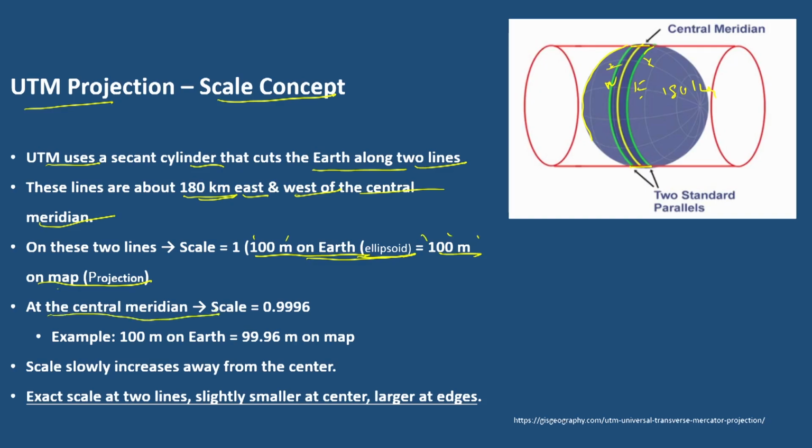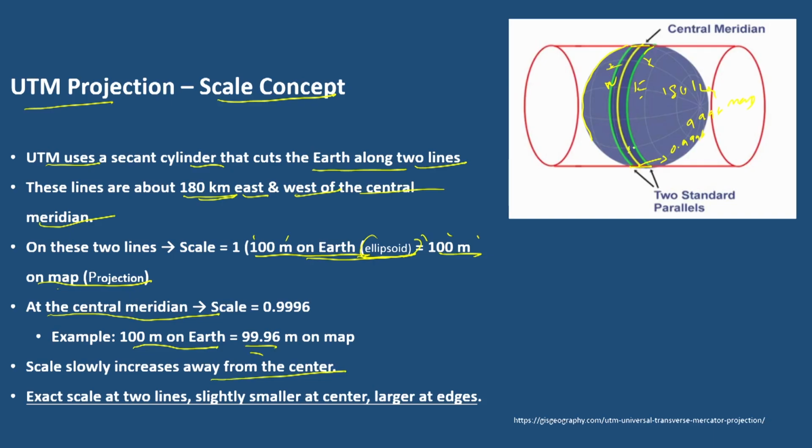At the central meridian here, it is 0.9996. For example, 100 meters on the earth, which means on the ellipsoid, is 99.96 meters on the map. So, the scale slowly increases away from the center.